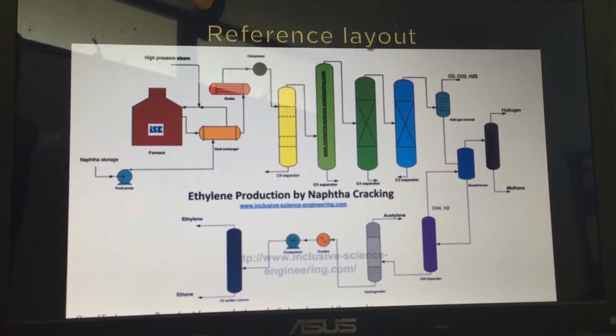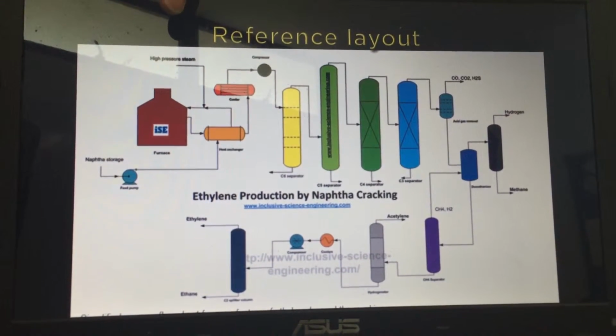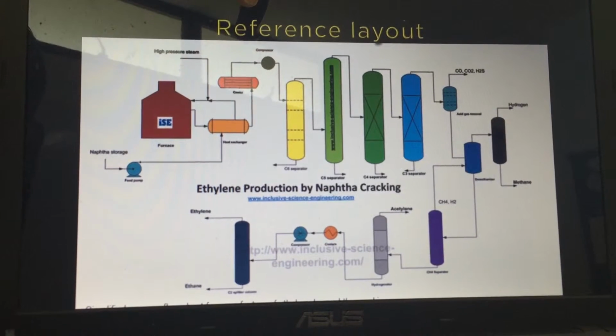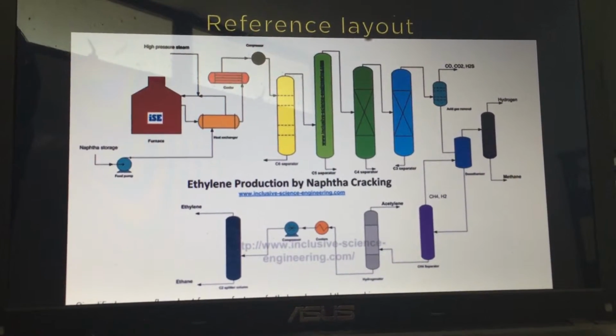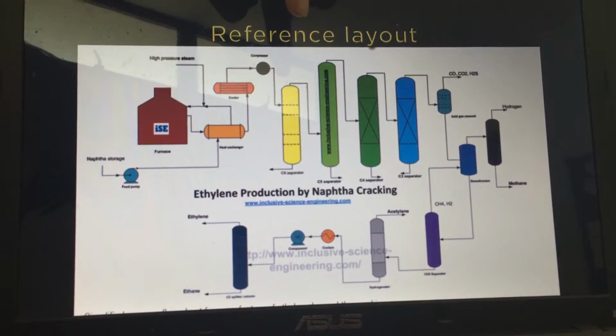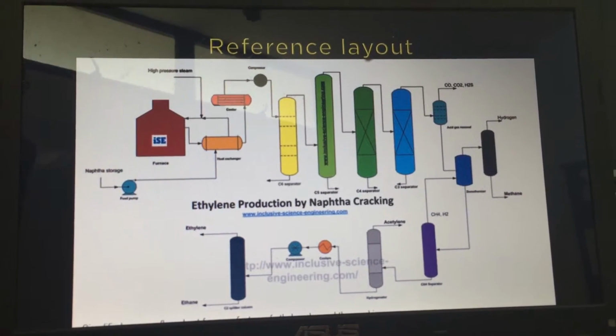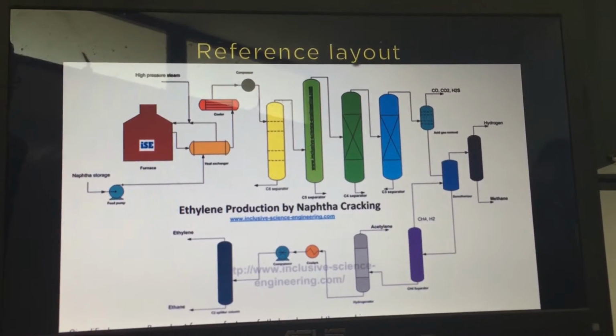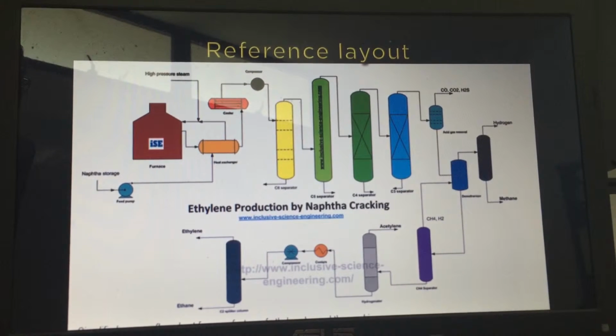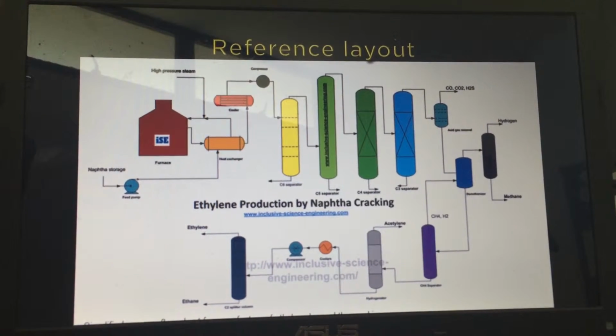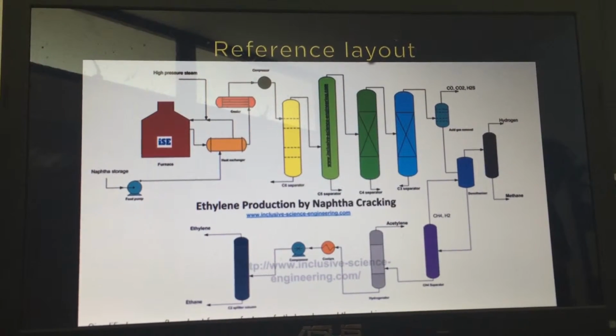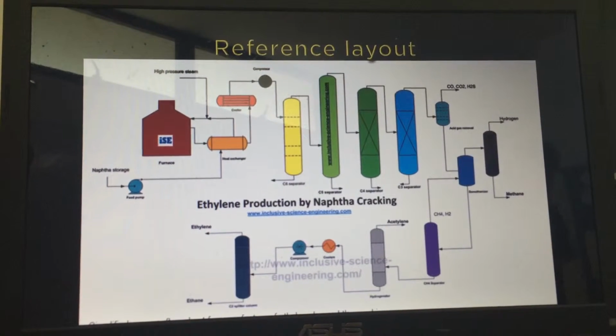Then this process here is basically just to adjust the conditions, and after that there are a lot of separators which are mainly used to remove other hydrocarbons from the mixture, so that towards the end of the reaction you can have a high purity of ethylene, which is C2H4.